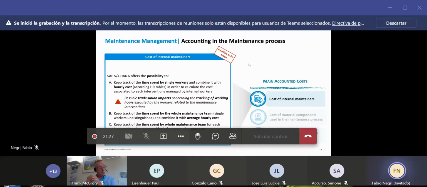But we should discuss whether it should be harmonized, or we can keep this different behavior, considering that it may be only the first step to go with solution C and then activate B or A in a second moment. But I think we should also consider the accounting point of view, which can be considered by finance or controlling people.